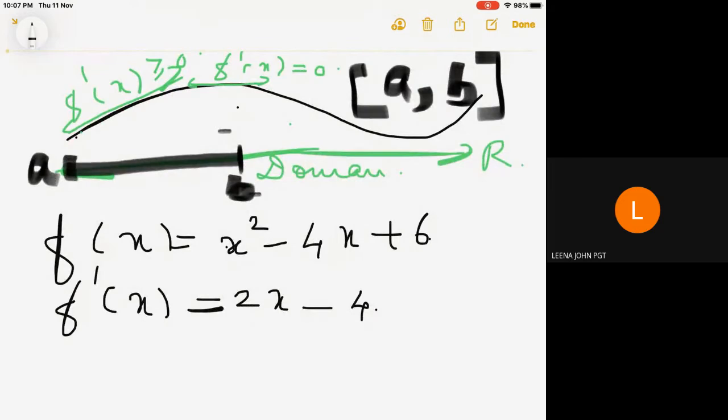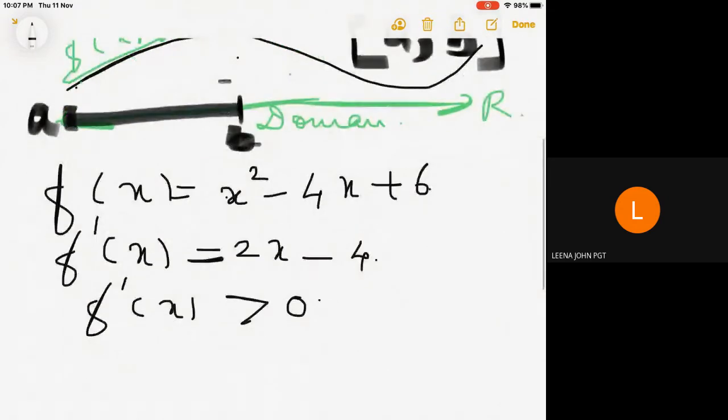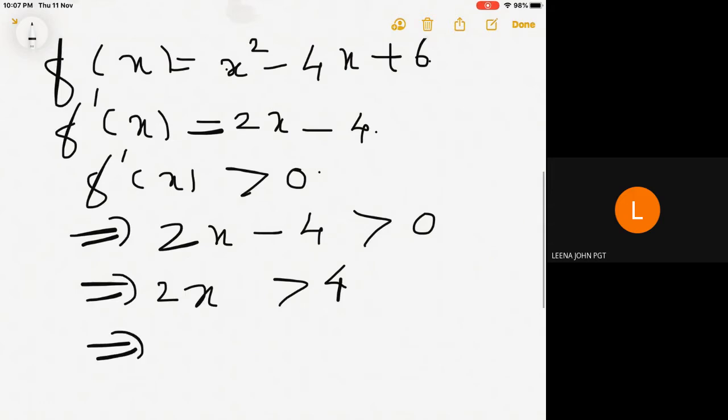Now the question is, find the interval which is strictly increasing. Strictly increasing means f dash x is strictly greater than 0. So that implies 2x minus 4 is strictly greater than 0, so 2x is greater than 4, and that implies x is greater than 4 by 2.